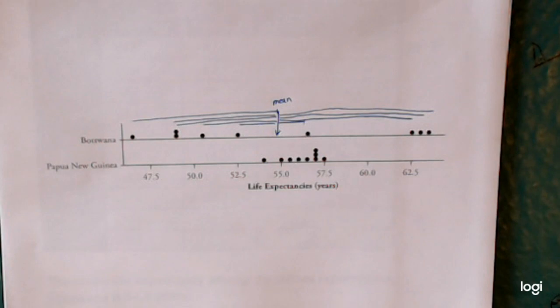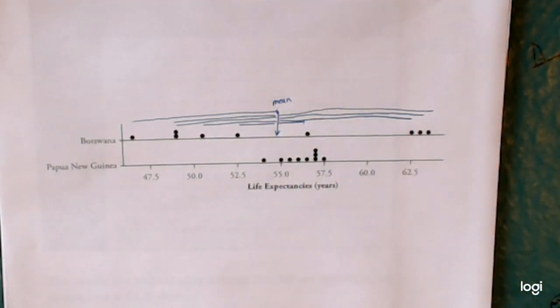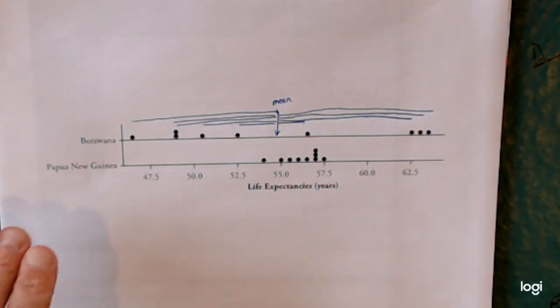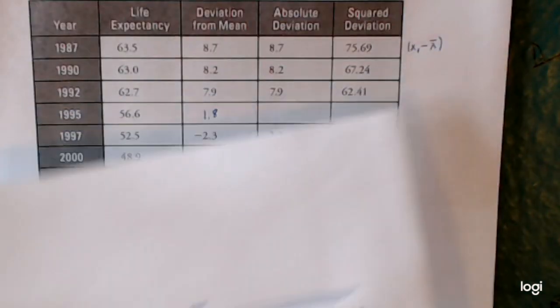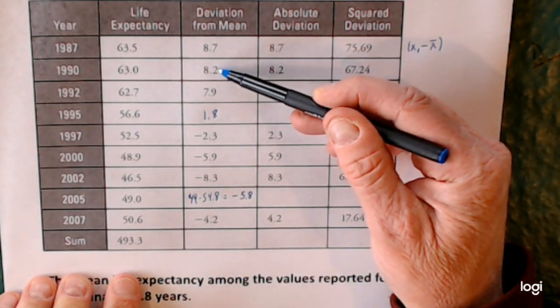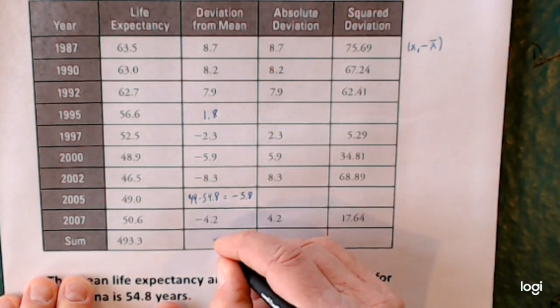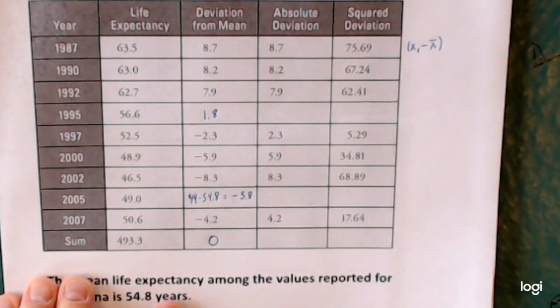Now the problem with just calculating the deviations and then averaging those, well, you see, if I add up all these numbers we have, 8.7 and 8.2 and 7.9 and 1.8, and then these negatives, it turns out the sum is 0. Or at least it's 0 up to maybe some rounding.